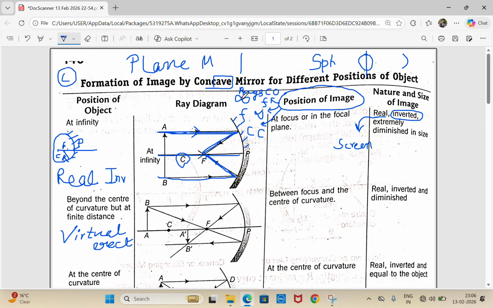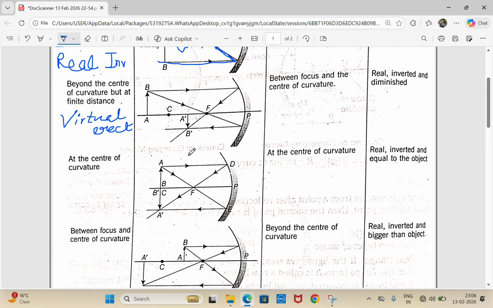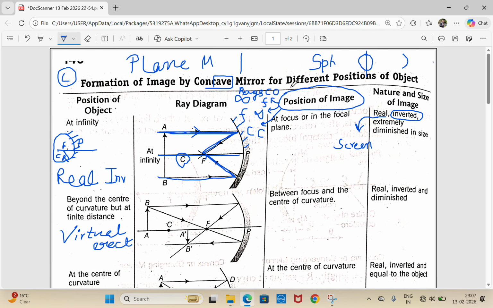Now the third case is at the center of curvature. Okay, center of curvature, here from the formula we can see that if you are keeping an object at the center of curvature in a concave mirror, the position of the image is at C, meaning center of curvature.